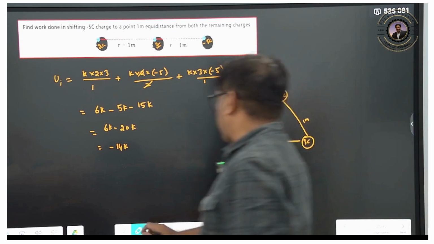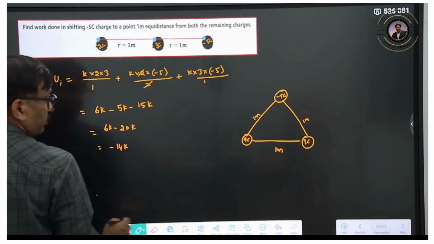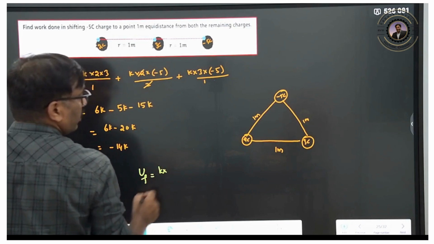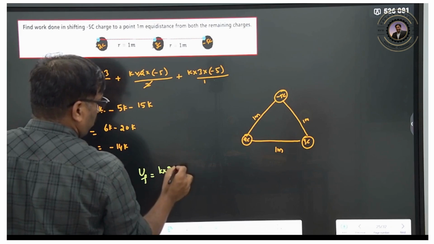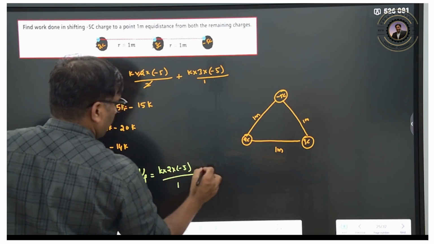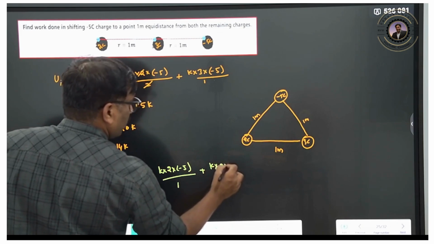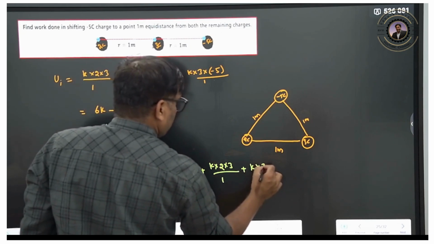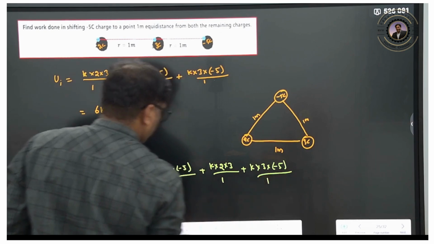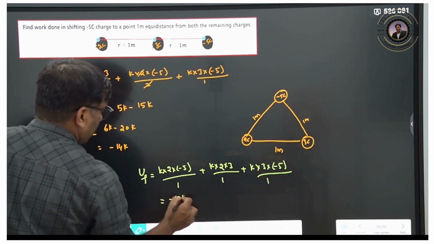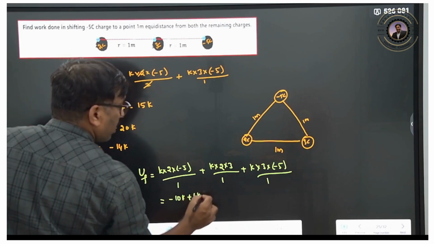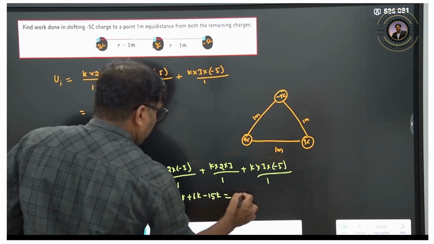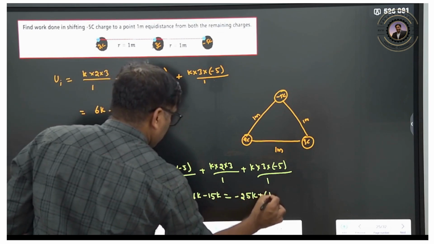So what will be your final potential energy? Final potential energy is how much now? Therefore k into 2 into minus 5 divided by 1, plus k into 2 into 3 divided by 1, plus k into 3 into minus 5 by 1. Clear? Therefore minus 10k plus 6k minus 15k, it will be equal to minus 25k plus 6k.